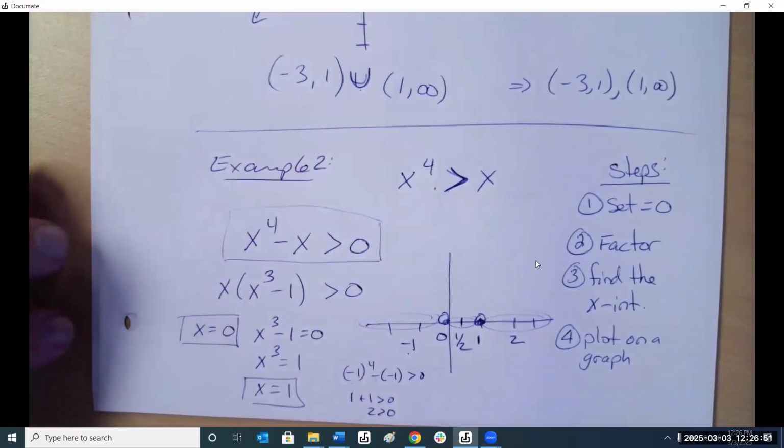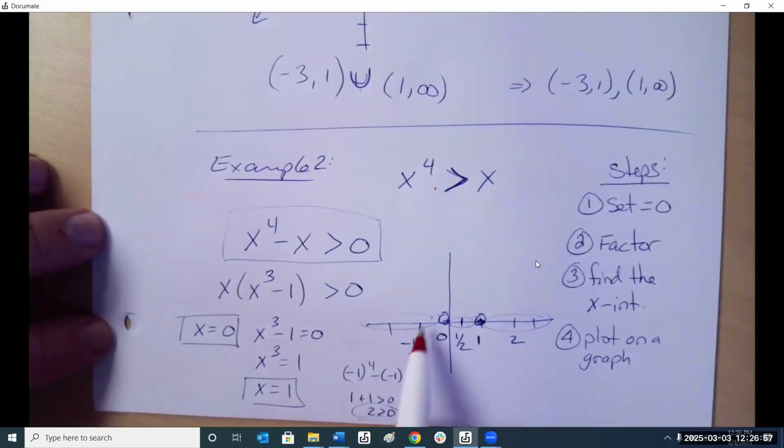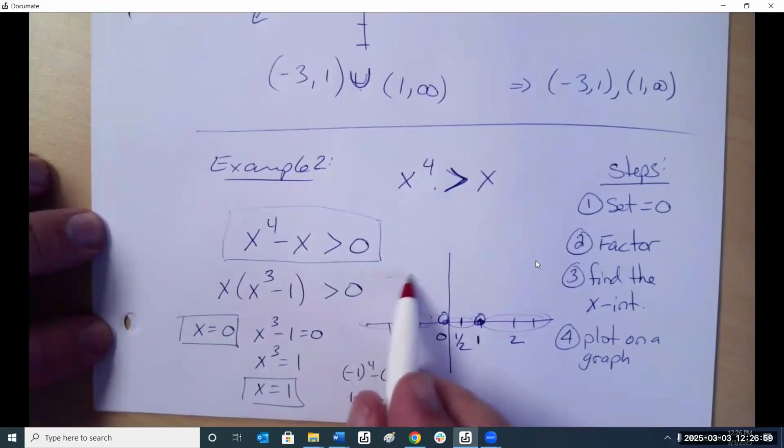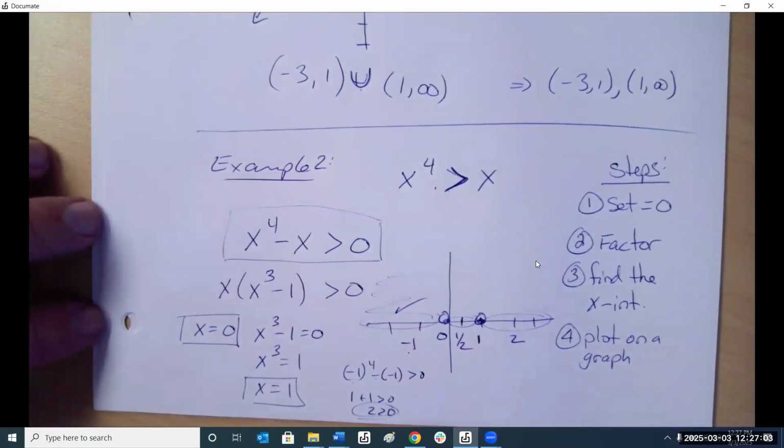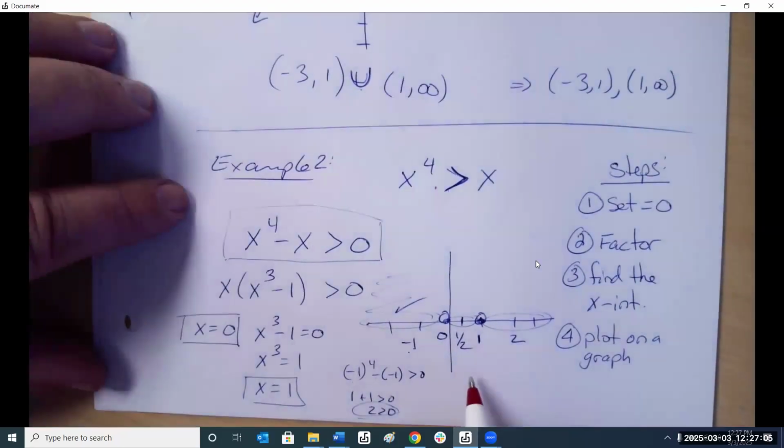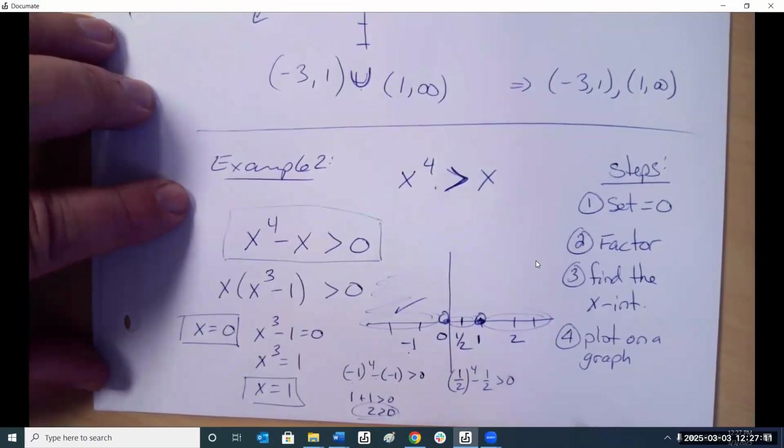I was feeling nervous. So it's 2 that is greater. So this is positive, so this is up here. So this interval works. How about at 1/2? If I have 1/2 to the 4th minus 1/2, is that greater than 0?